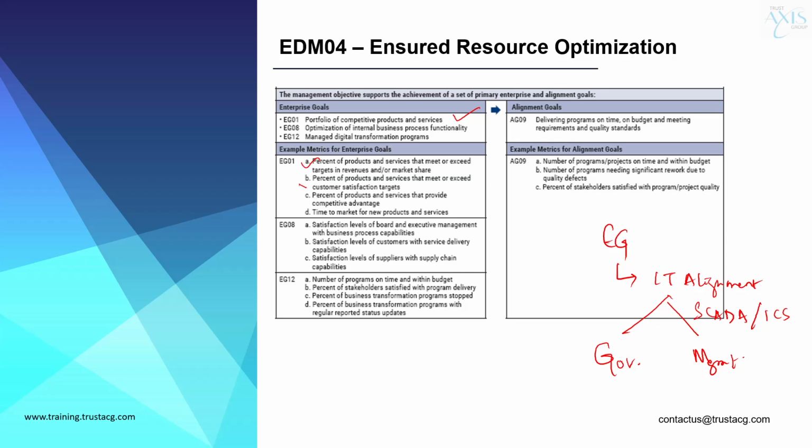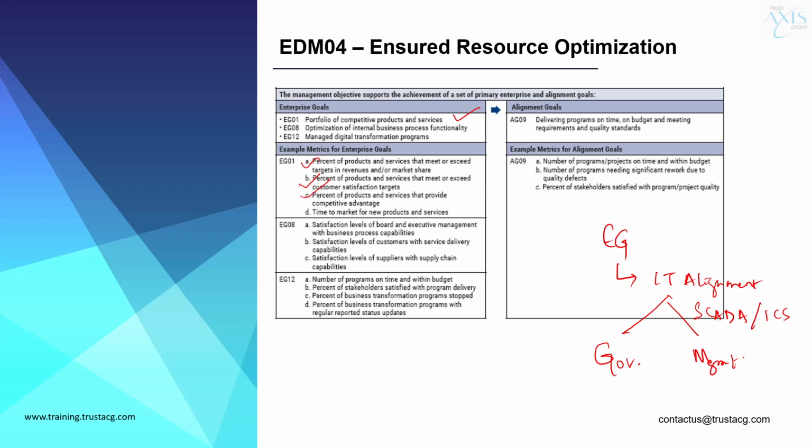Likewise, you can measure the percentage of products and services that are meeting or even exceeding the customer satisfaction targets, which will reflect how well the investments in quality and delivery are translating into customer value.